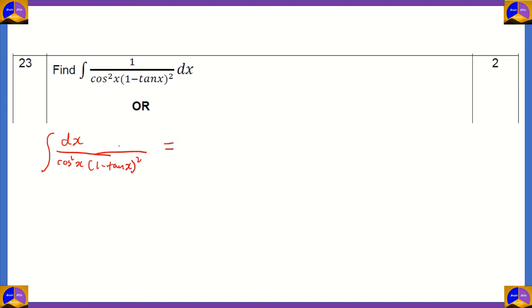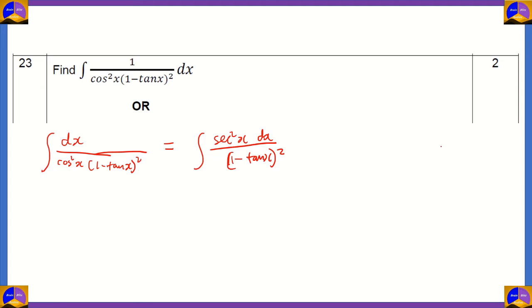And we will now convert this equation to the form integral sec square x dx divided by (1 minus tan x) the whole square. That is because 1 by cos square x is equal to sec square x.